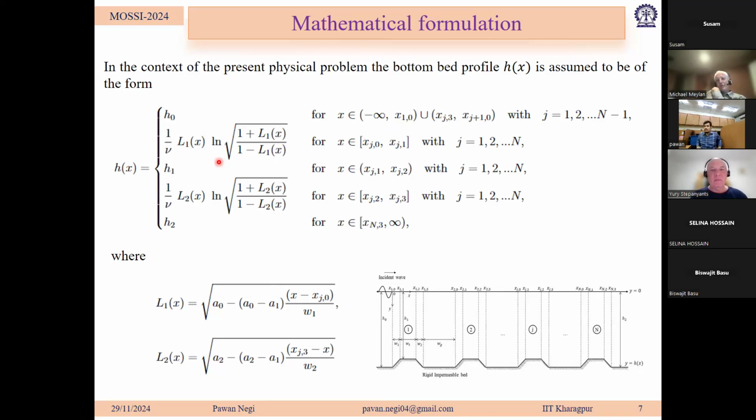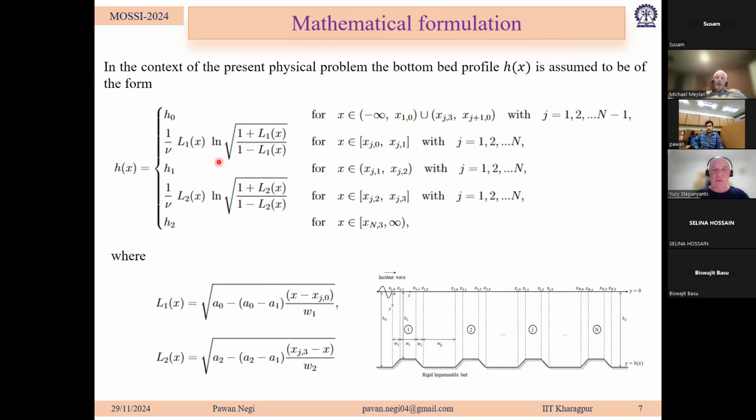Is there any other questions for Pawan? Professor Yuri, hump means do we have a straight bottom over it, or will it be like a semicircular kind of breakwater? You mean bottom profile? Yeah, what you are talking about, hump, will it be a semicircular hump? No, I mean similar profiles which allow us to obtain an exact solution.